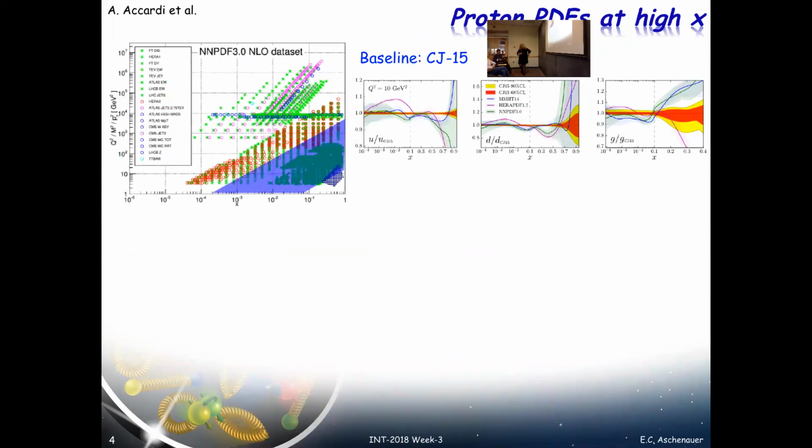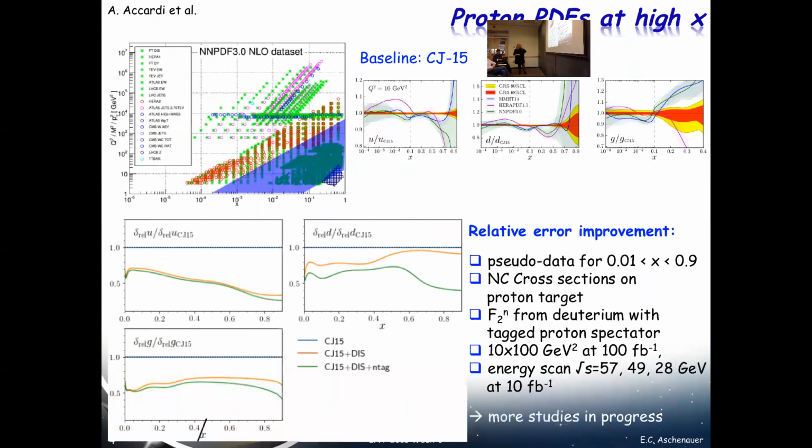But again, here what you see, which is actually very nice, so that is a comparison of the U quark, the D quark, and the gluon, again, as function of X, and with a focus here on the high X region, where the uncertainties are still very large also, and that is also the region which is most important if you do BSM searches at high masses, then you're sensitive actually to the parton distribution functions at very high X.